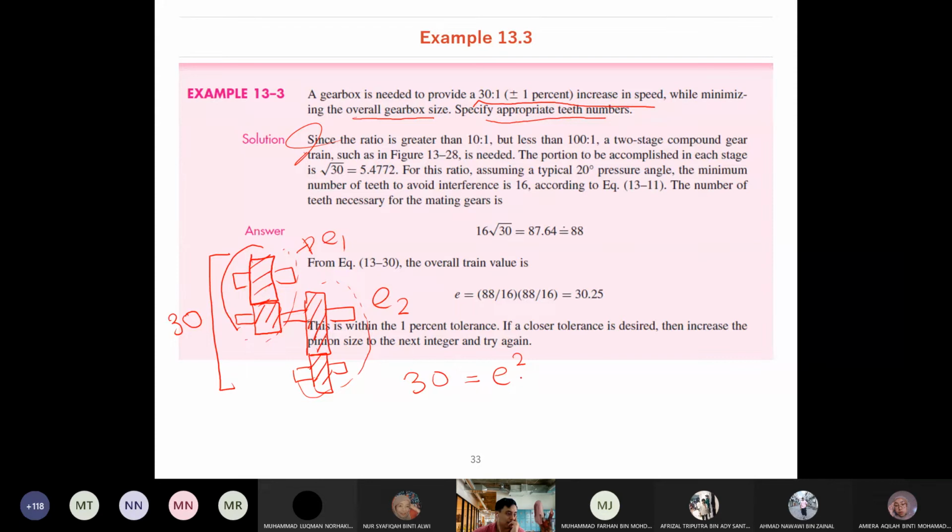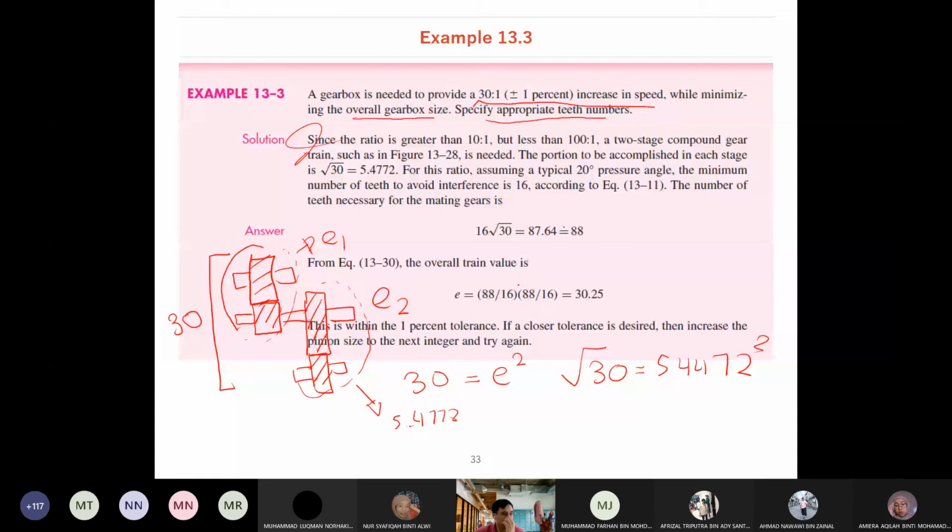So, nak tahu E1, kita kena bagi punca kuasa 2 30, which is the 5.4772. Okay, so maksudnya sini adalah 5.4772 dan benda ni samalah E1 E2. So nanti bila awak darab balik, awak dapat ni darab dengan kuasa 2, nanti awak dapat balik yang 30 kan? Betul tak? Alright. Okay, next.